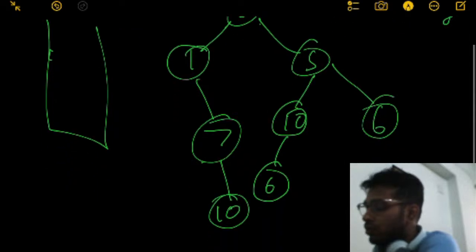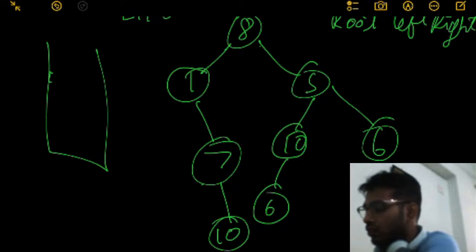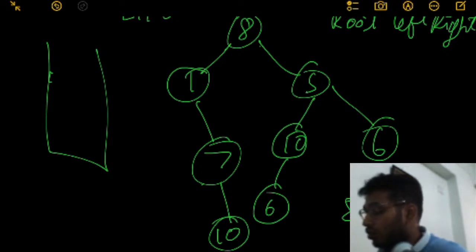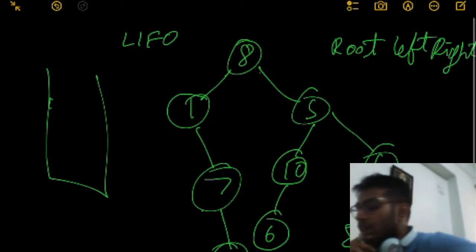So if I was to make a pre-order traversal of this tree right away, I would say that it would be 8, then 1, then left, and then 7, then 10, then I would go to the right, then 5, then 10, then 6, then again 6. Okay, so now how would I do it with a stack?